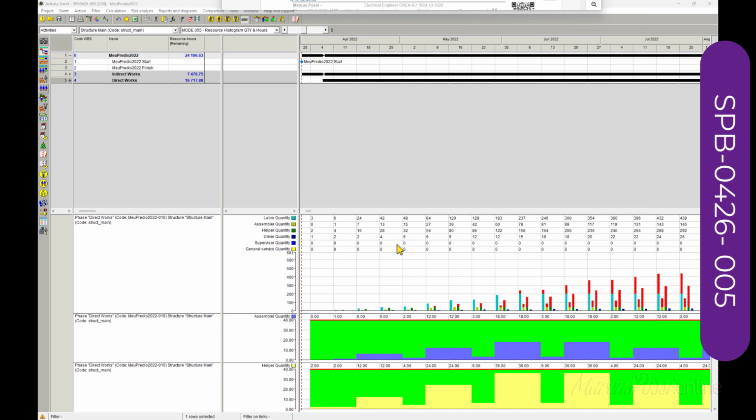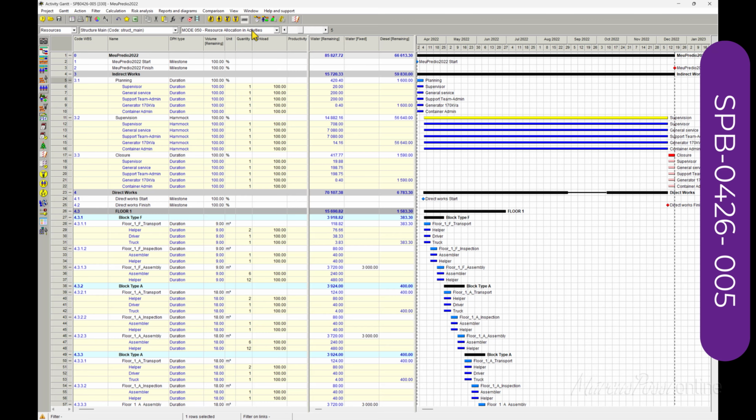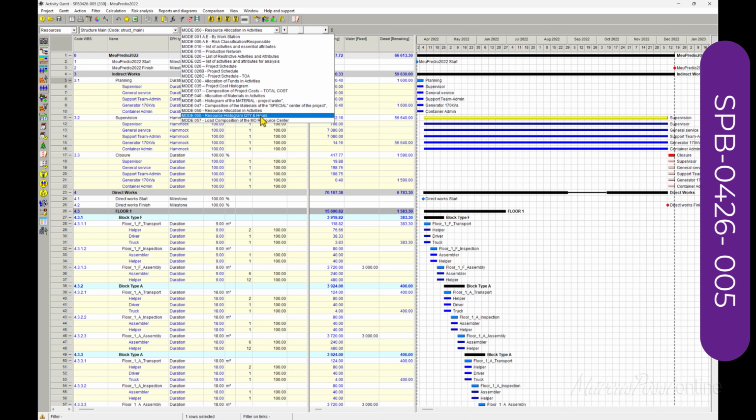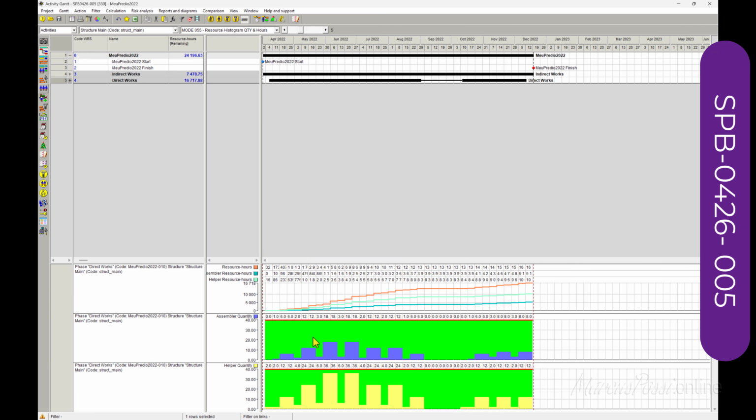So the idea is that you understand how to build your graphic, how to show the information not in tables, but also in graphics.